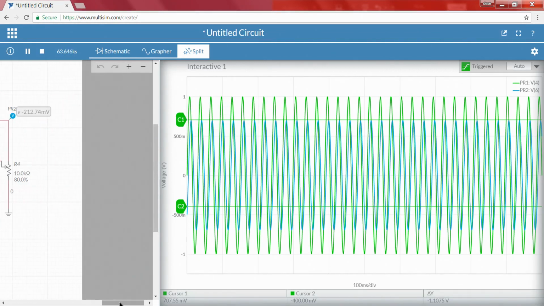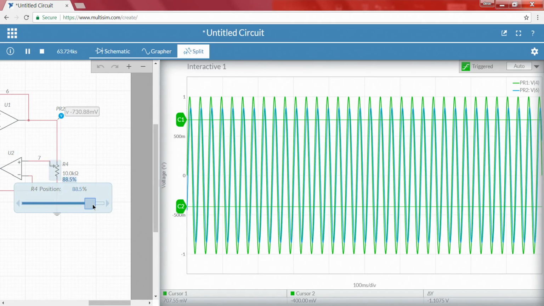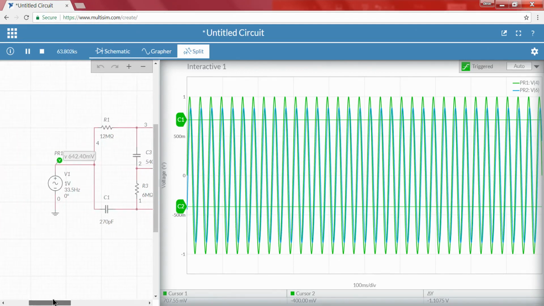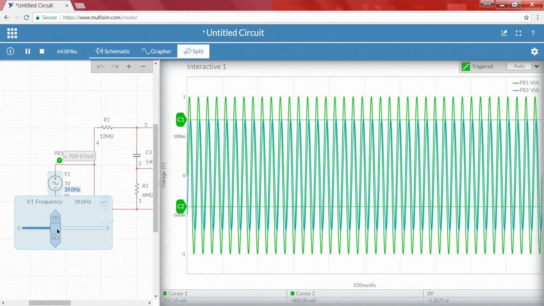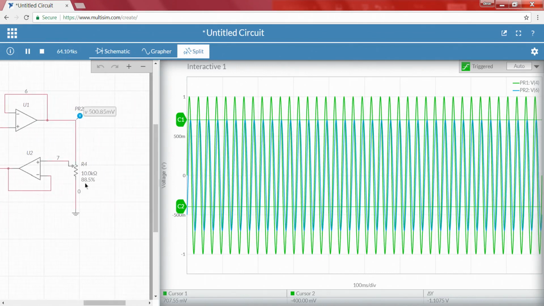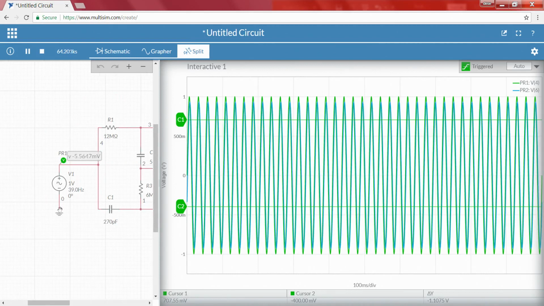So what if I increase it? Okay, till that particular frequency, 39, now it has increased to 39. So we can see at what frequency we require to have the proper cutoff.